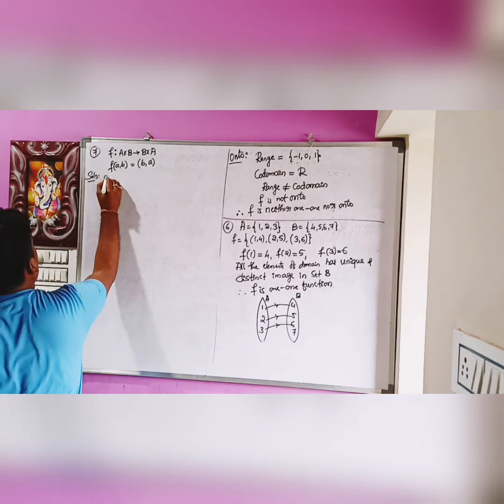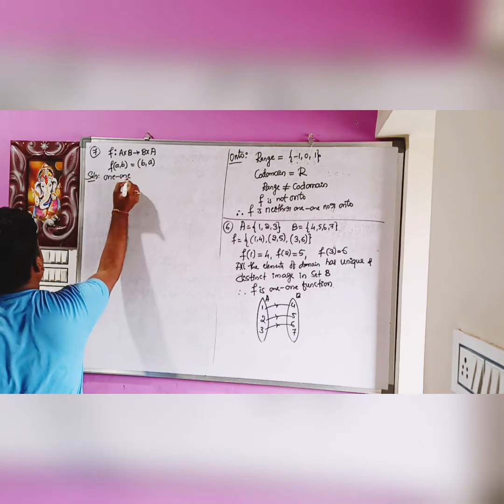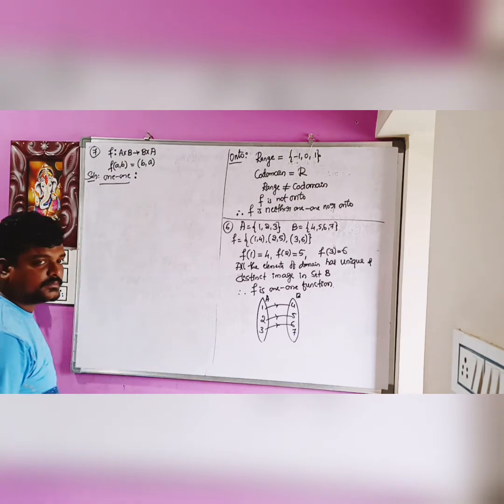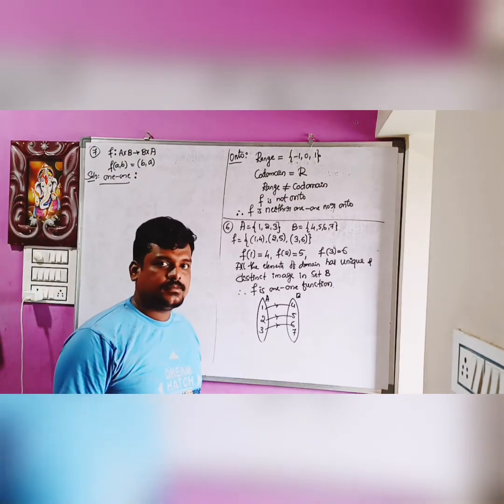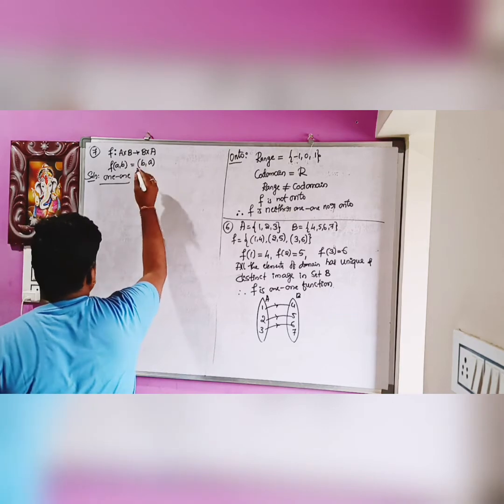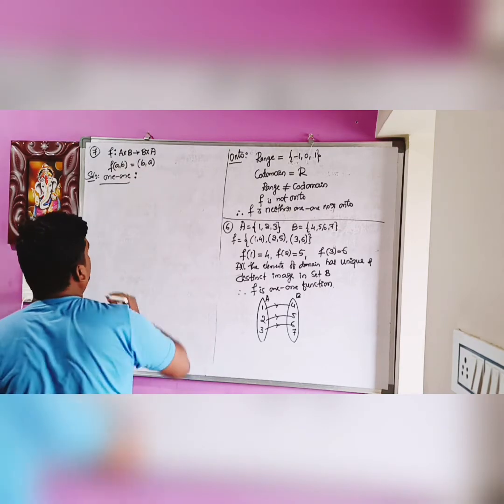Solution for the 1-1 function. I take elements from the first set, that is A cross B, the domain.